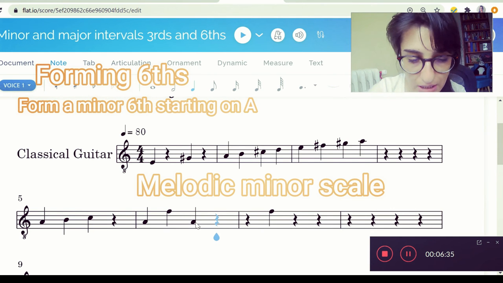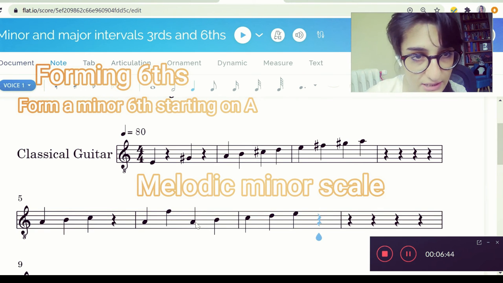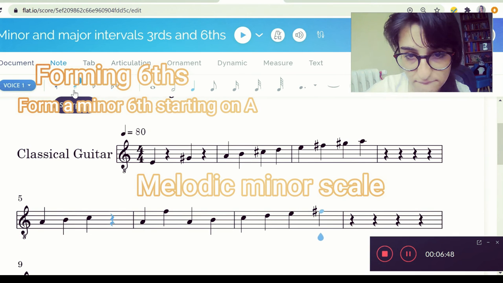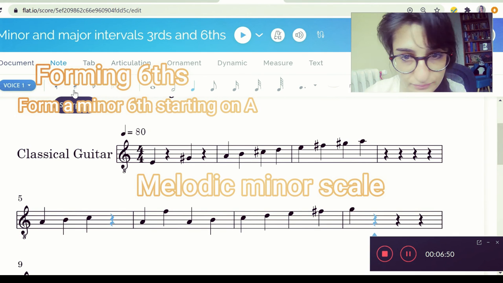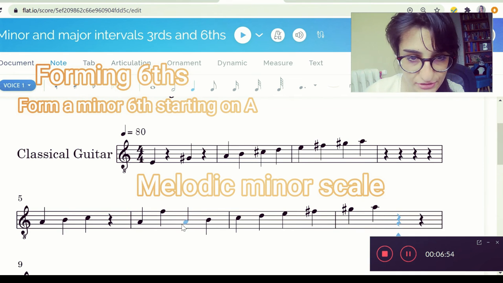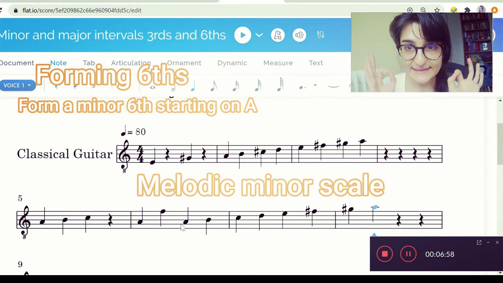This is how the melodic minor scale goes. A, B, C, D, E, and then F sharp, G sharp, and then A. So that's the melodic minor scale starting on A.